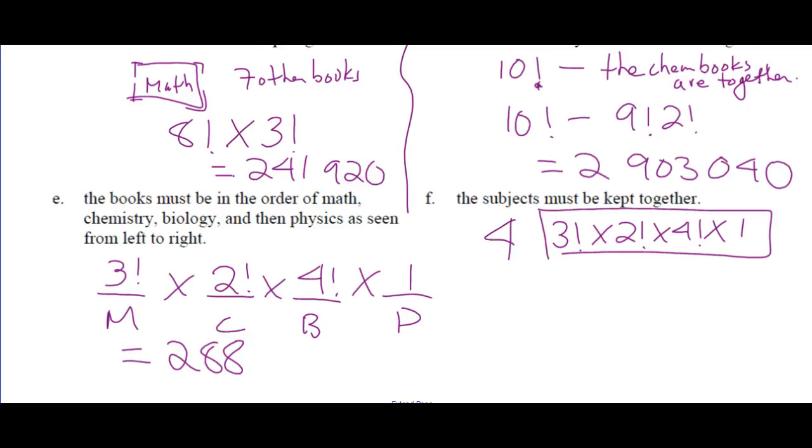So this is them together, but in one particular order. And then we say, but wait a sec, they can be in any one of 4 orders, right? It could be math and chem, then bio, then physics, or math, and so on. Okay, so it's 288 times 24, which I can't possibly do. So it's 6,912.